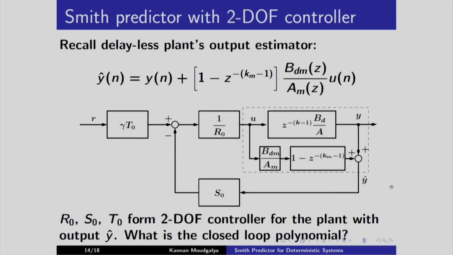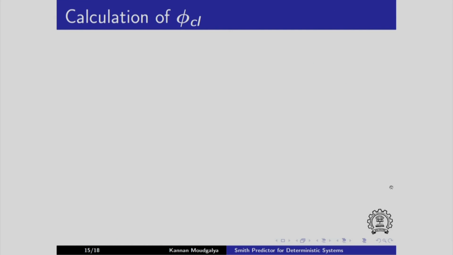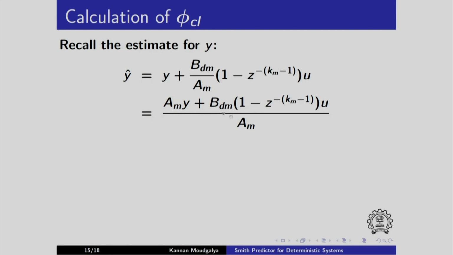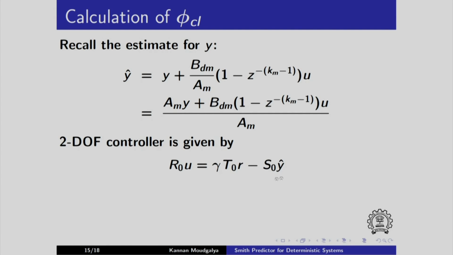So what is the closed loop polynomial? Let us calculate it. This is the estimate for y, we call it y hat. Let us simplify it. The 2-DOF controller is given by our standard Aryabhata's identity, except that we have now y hat in the place of y.